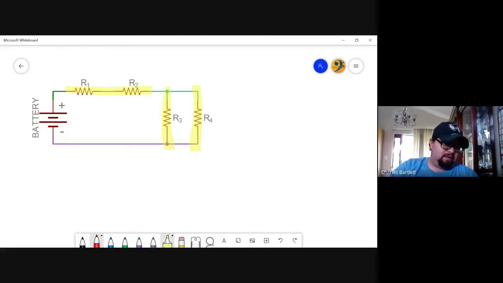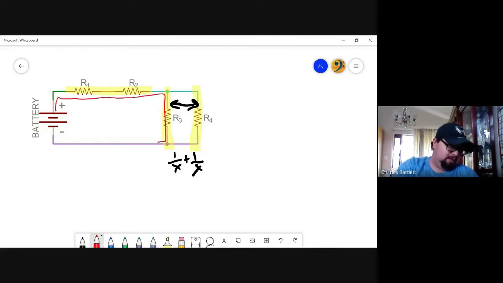So here we have a combination circuit where we've got this part in series and this part in parallel, okay? And it would be the same. What we would do is collapse it down into a parallel circuit by using the reciprocal math, the 1 over x plus 1 over x, to collapse it into 1, at which point it would become a simple series circuit and we could just add the resistances up.